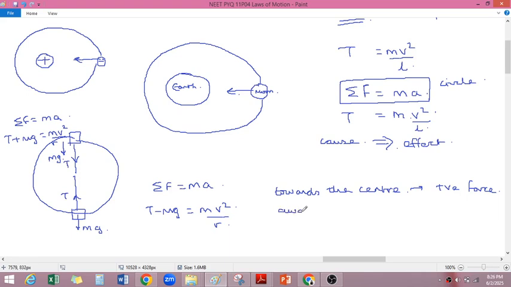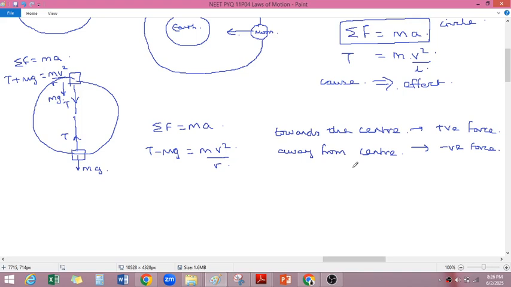Away from the center means we will take it as negative force. Okay. Linear motion: towards this way is positive, this way is negative, right?